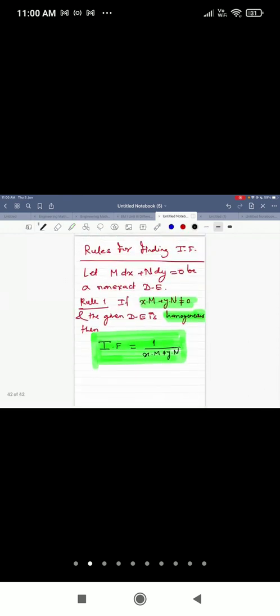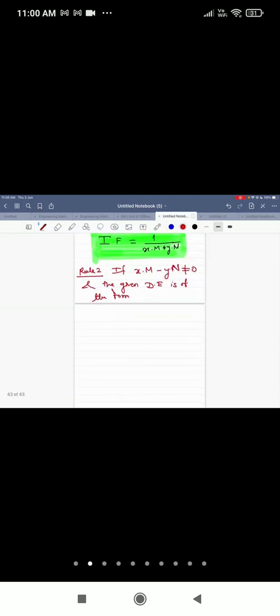Now, rule 2. Rule 2 is: if x into M minus y into N is not equal to 0, and the given differential equation is of the form y f1(xy) dx plus x f2(xy) dy equal to 0, then the integrating factor is 1 upon (xM minus yN).